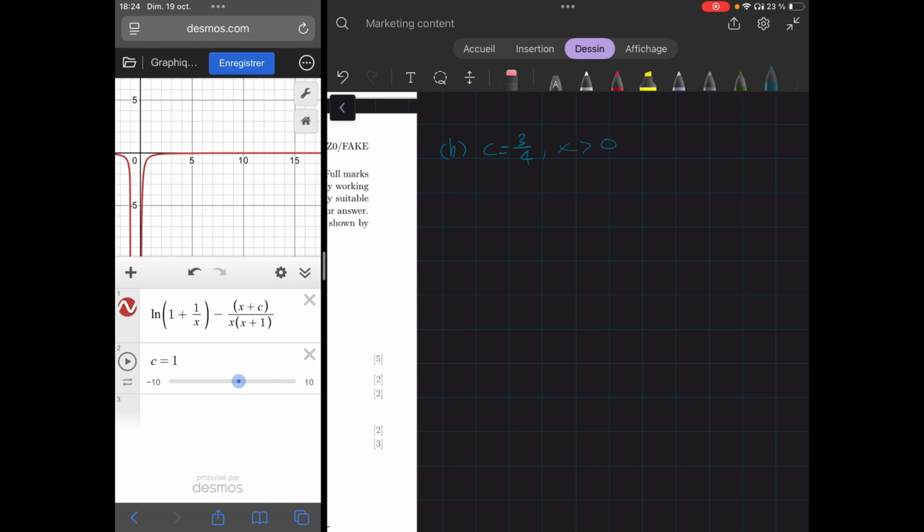The graph should look like the right branch of this curve. It will take the x-axis as the horizontal asymptote.